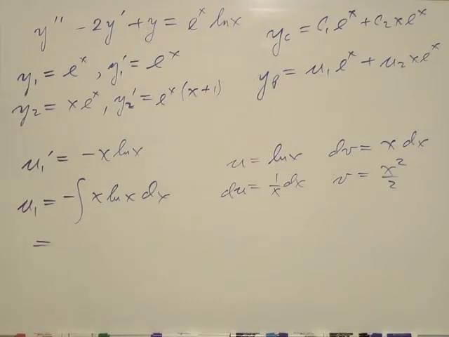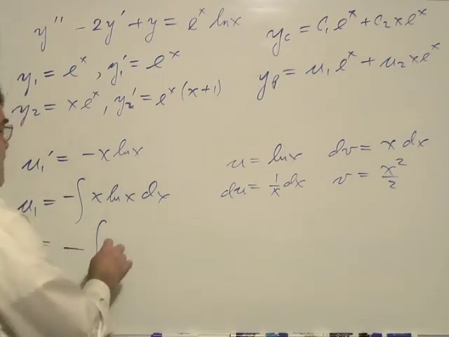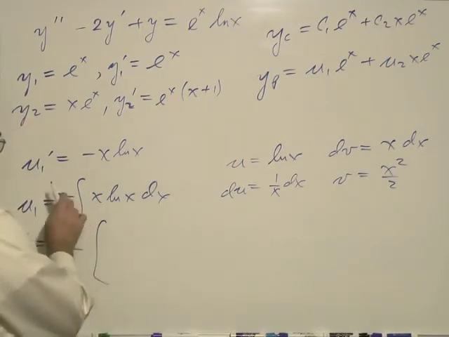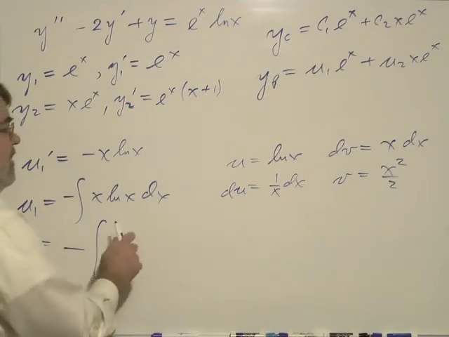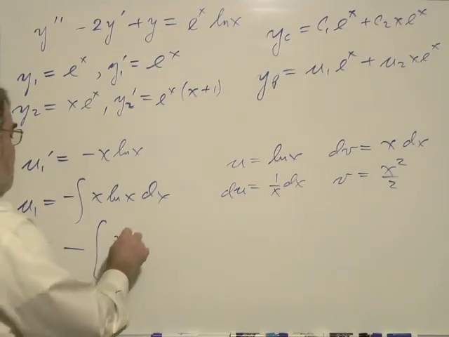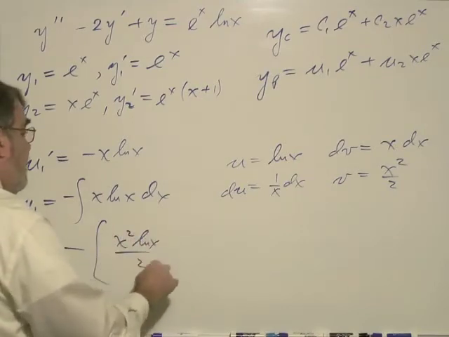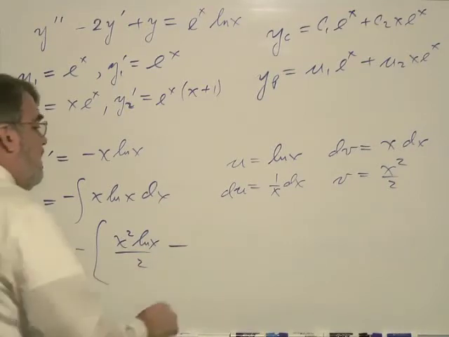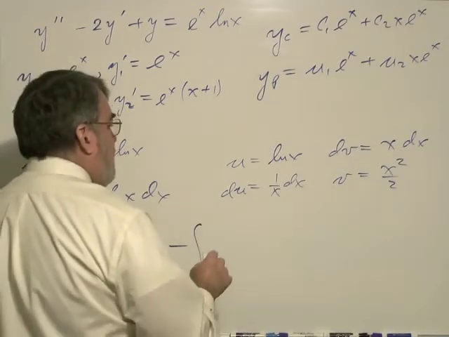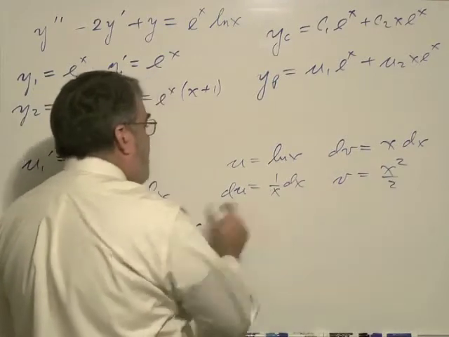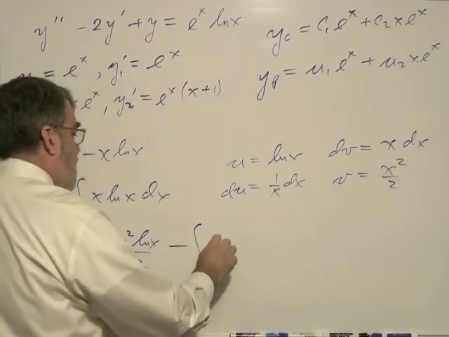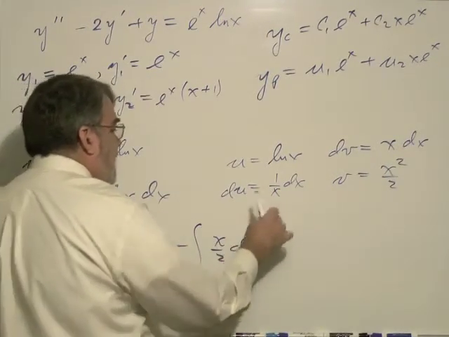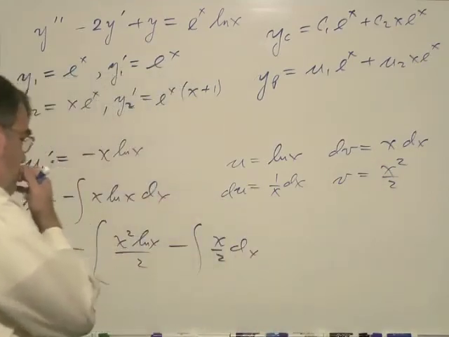So I have minus u times v, so this negative u times v would be x squared natural log of x over 2, minus the integral of v du, and v times du is going to be x over 2 dx, because the x is canceled.